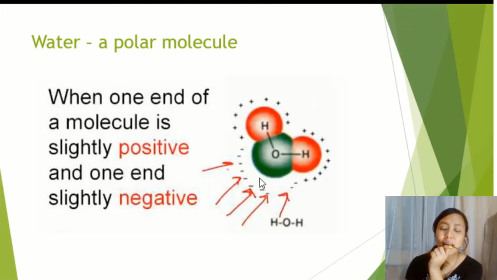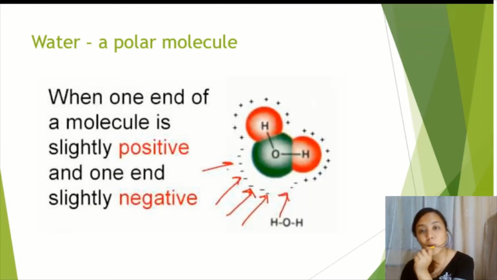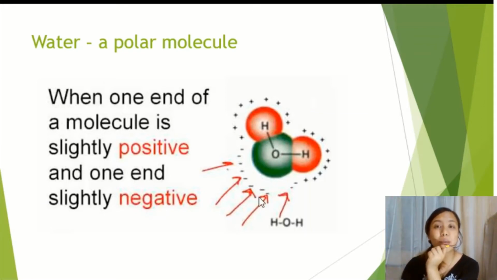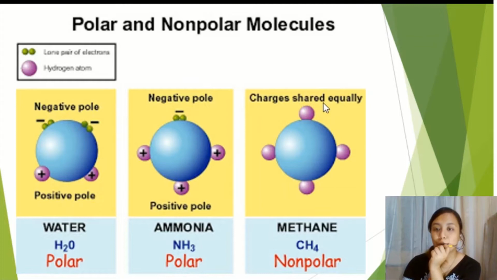A non-polar molecule is usually symmetrical. I think I have an example here. Symmetrical means there are four electrons or atoms here shared equally.